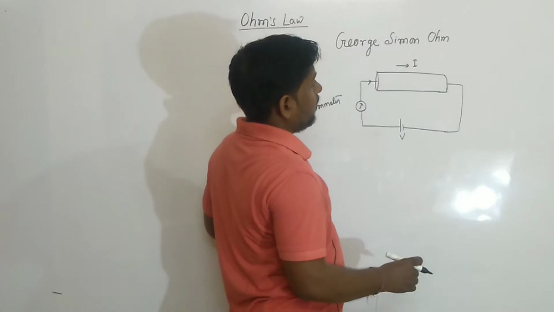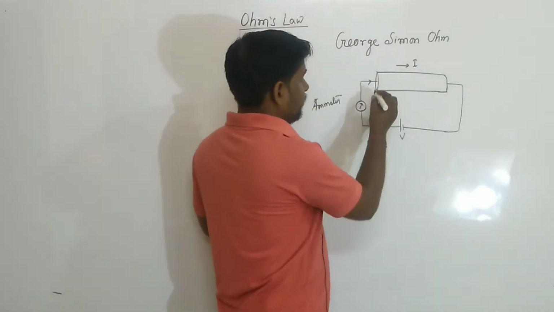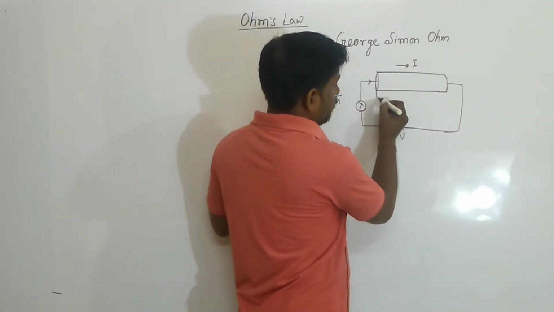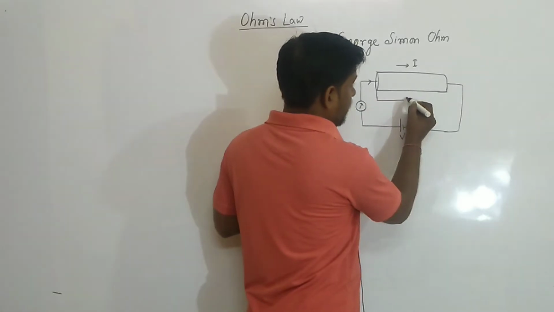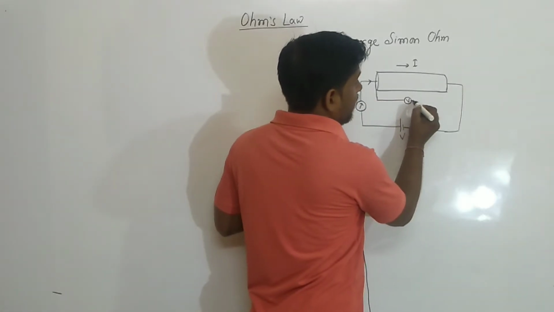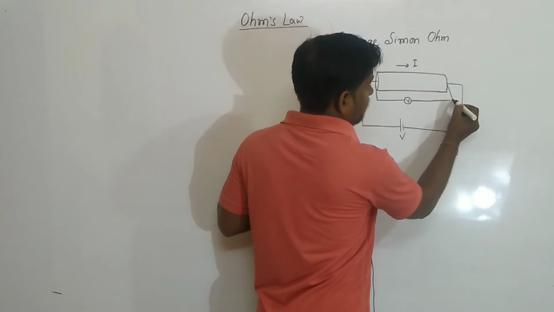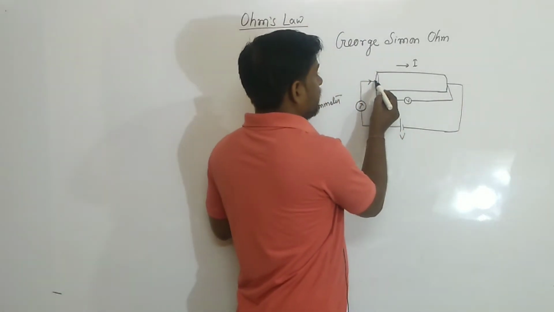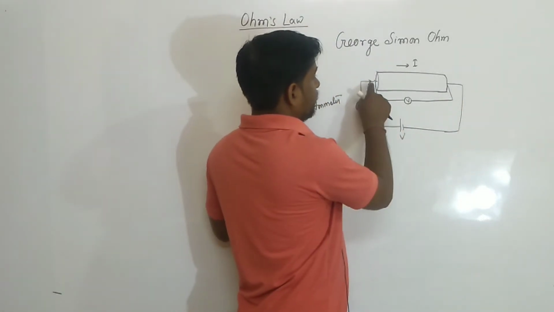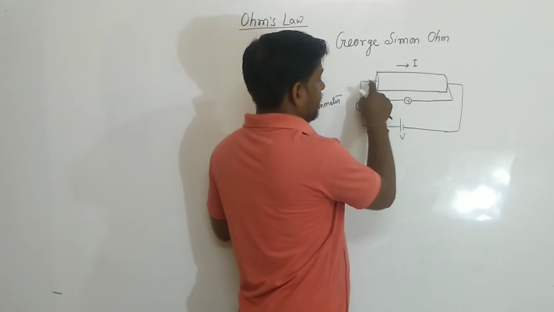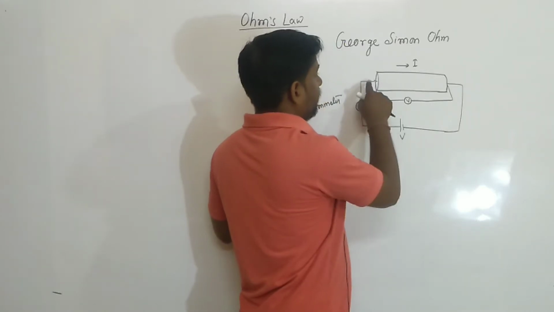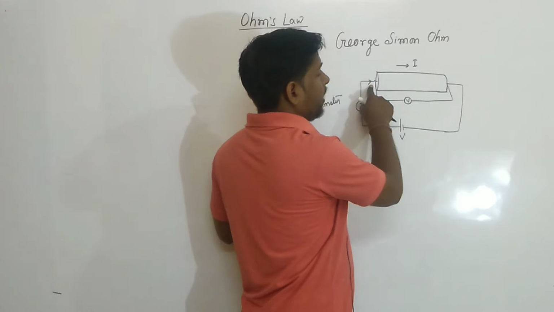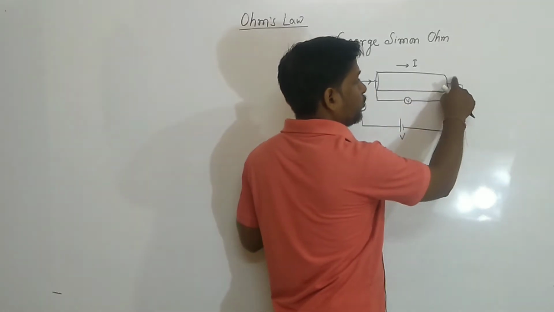Another device is also used across the two ends of this conductor to measure the potential difference across these two ends. Why across the ends? Because this end is attached to the positive side, so the potential at this point will be high and the potential at the other point will be low.